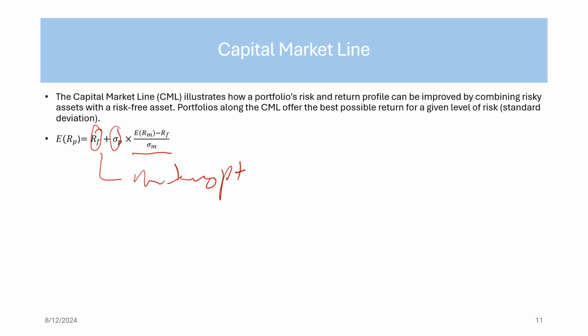So this is typically a Sharpe ratio. In other words, we are combining the risk-free rate with the portfolio risk apportioned by the Sharpe ratio.